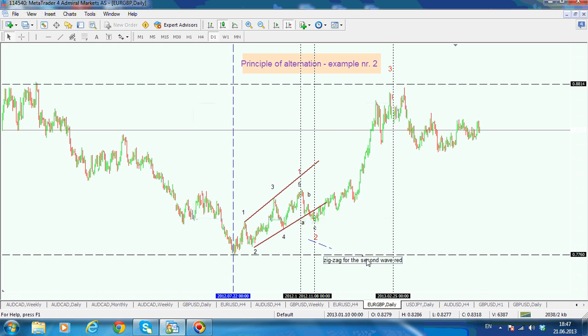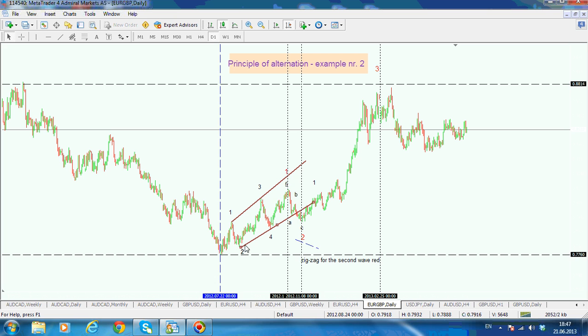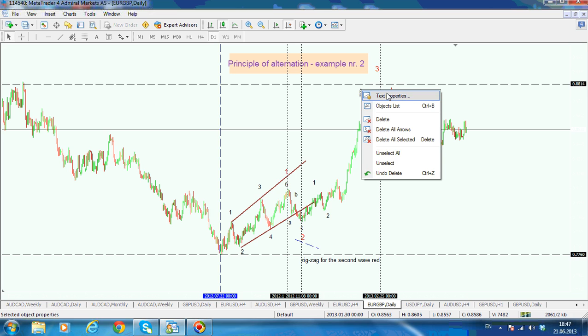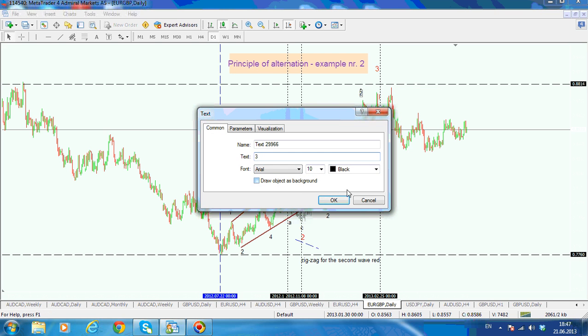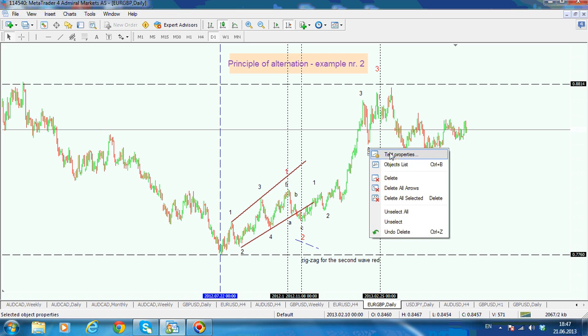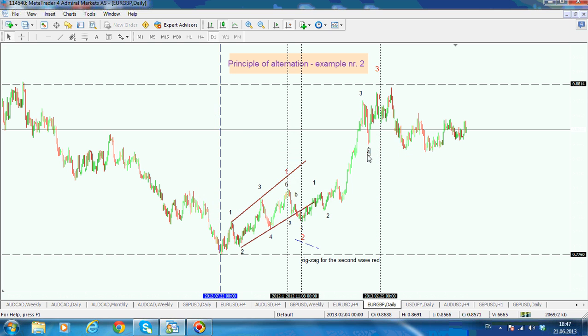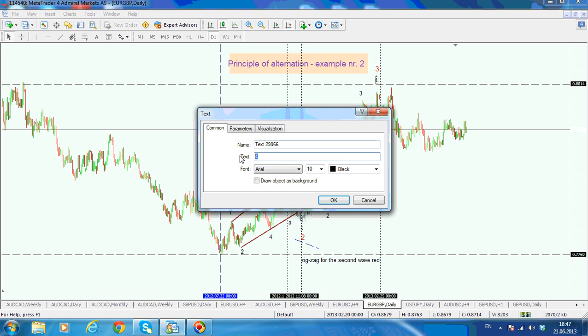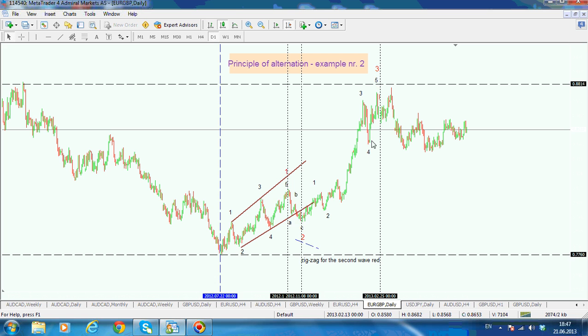And now, in order for the principle of alternation to be respected, by the time the third wave is completed in the form of 1, 2, 3, 4, 5, a nice impulsive move to the upside, like 1, 2 here, or maybe 2 here, who really knows, 3, 4, 1, 2, 3, 4, 5, and then by this time you're looking at the fourth wave.